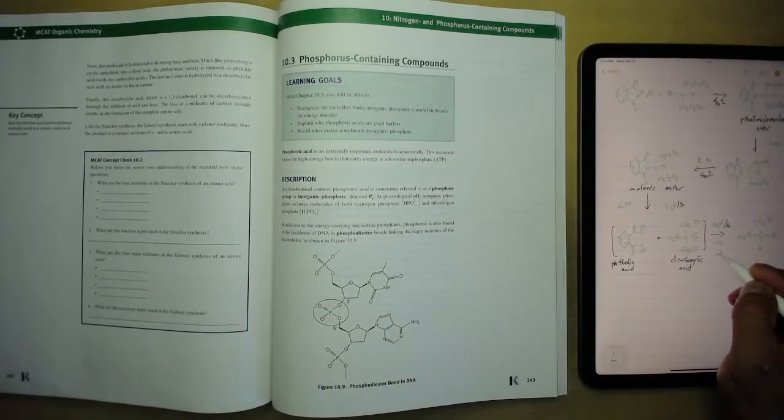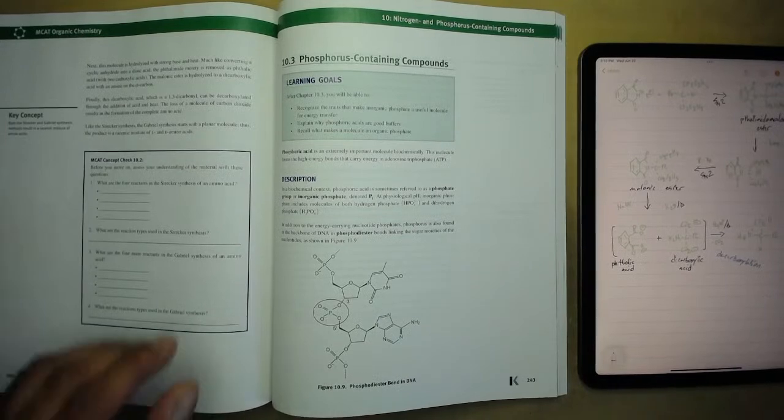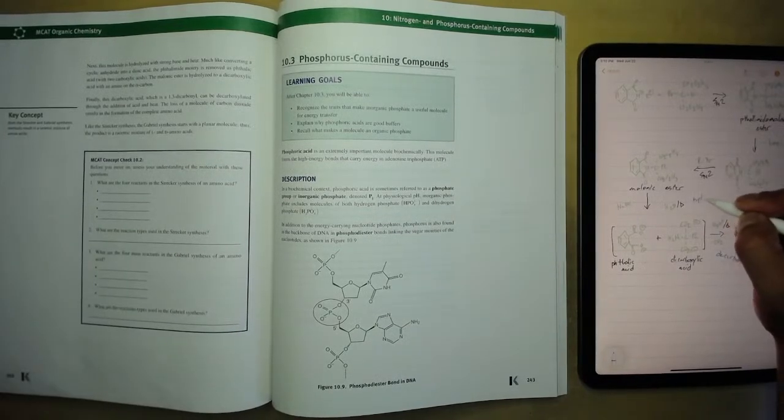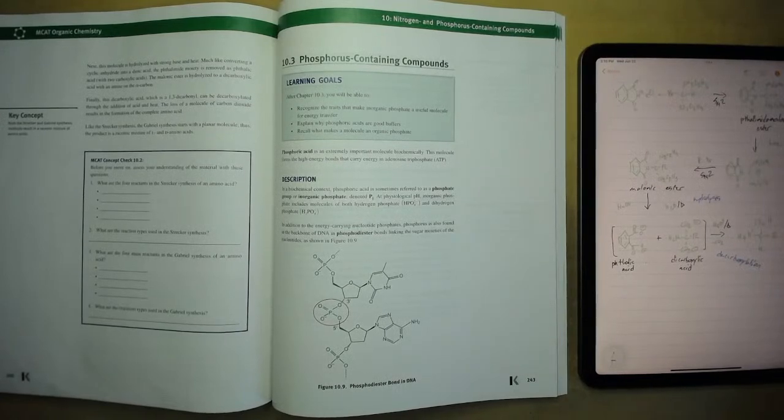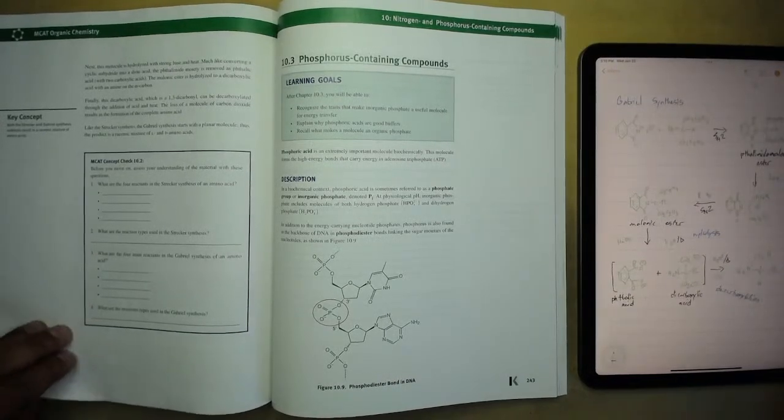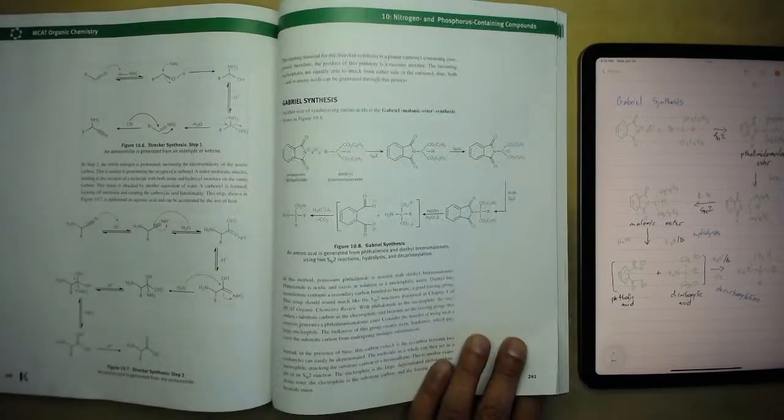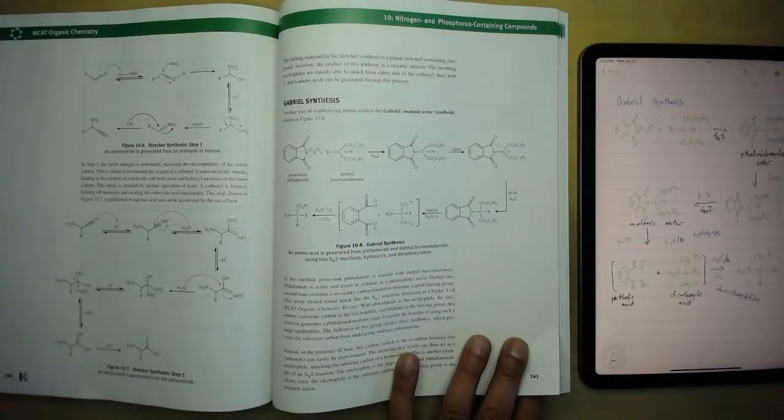This is decarboxylation. This is hydrolysis. This is already labeled SN2. First one's also SN2. This is just being deprotonated. Simple enough.